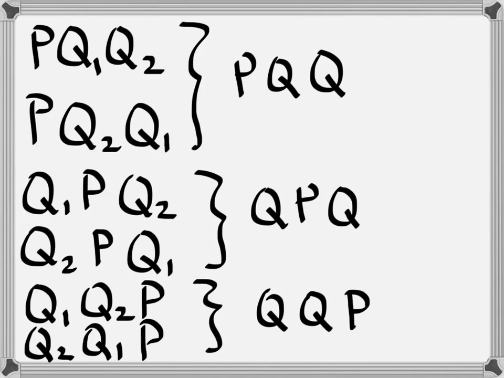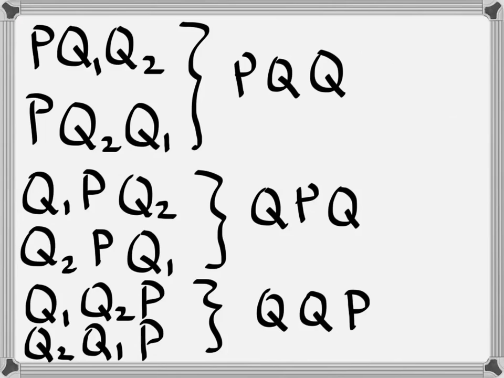Now, going back to this idea, if we didn't actually have markers on the 2 quarters, we might not see a difference between penny Q1, Q2 or penny Q2, Q1. In other words, we might not be able to distinguish the 2 quarters. So, the number of distinguishable arrangements would be where we have penny, quarter, quarter, quarter, penny, quarter, and lastly quarter, quarter, penny.